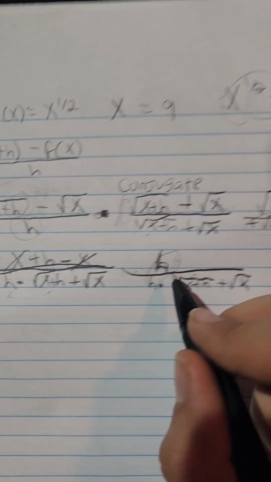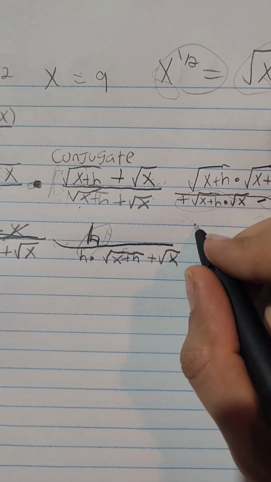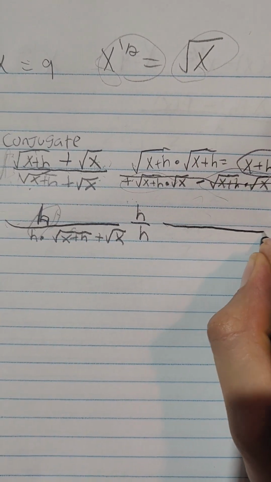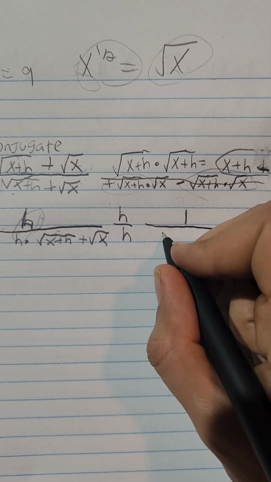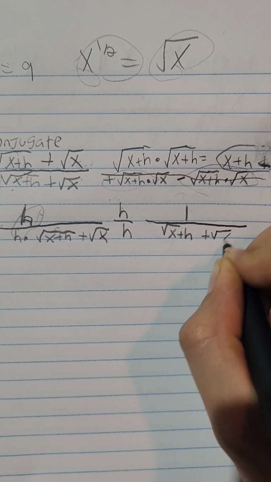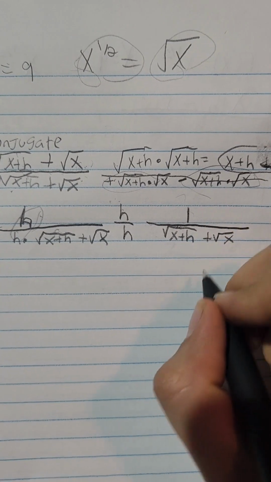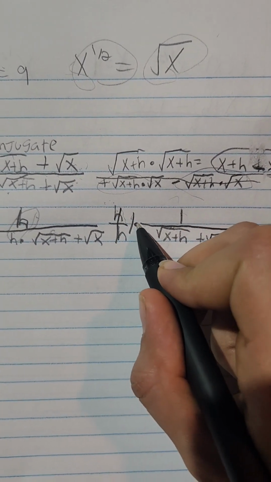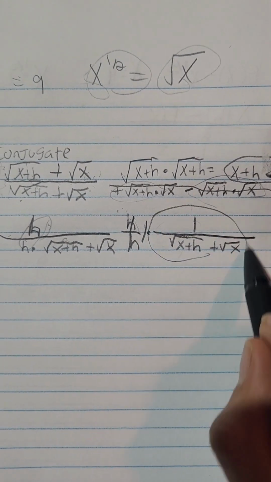You can take this out and make this h over h, divided by the square root of x plus h plus square root of x. And then you can cancel this out. This becomes 1 times this expression, which just means this is the expression itself.